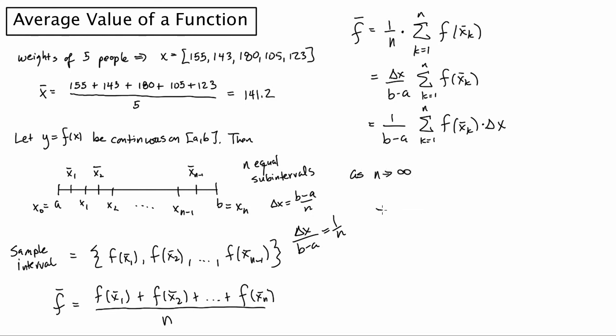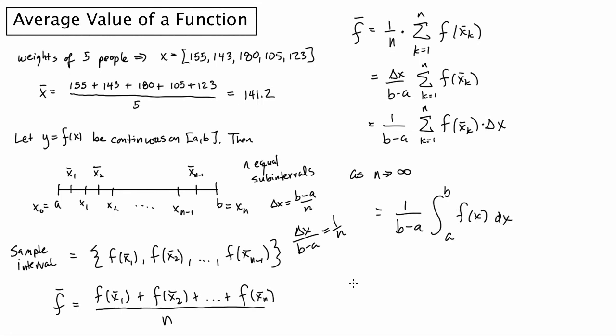And the Riemann sum's limit is an integral. In this case, it's the integral over the entire interval from a to b. F at the sample point in the limit becomes f at every point on the interval from a to b. And delta x becomes the differential dx.